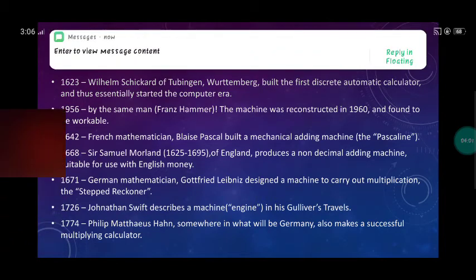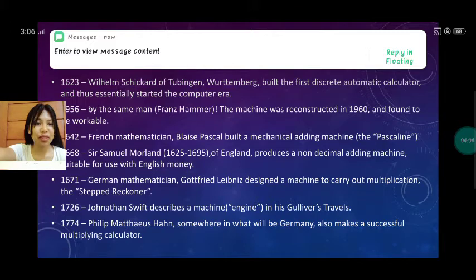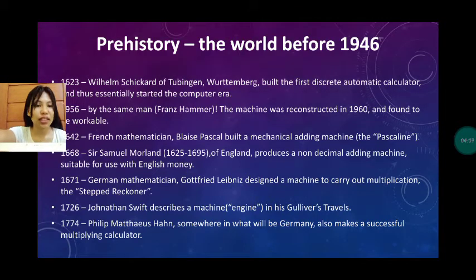In 1671, German mathematician Gottfried Leibniz designed a machine to carry out multiplication, the Stepped Reckoner. In 1726, Jonathan Swift described a machine, an engine, in his Gulliver's Travels. While in 1774, Philipp Matthäus Hahn, somewhere in what will be Germany, also made successful multiplying calculators.